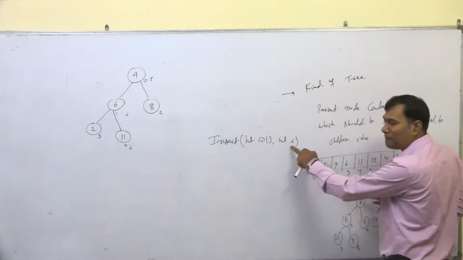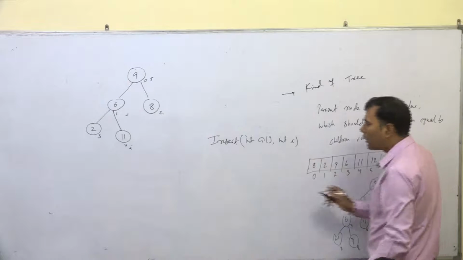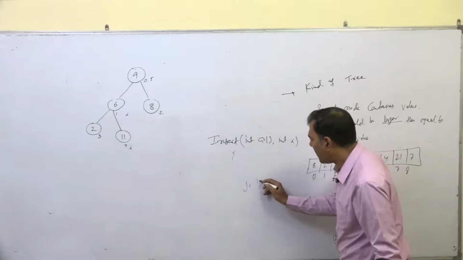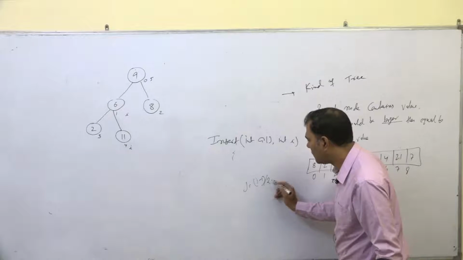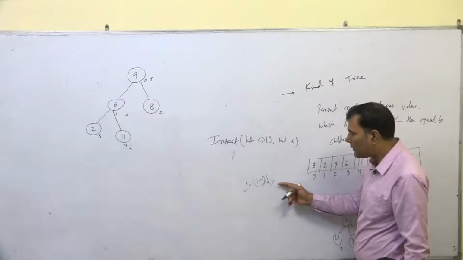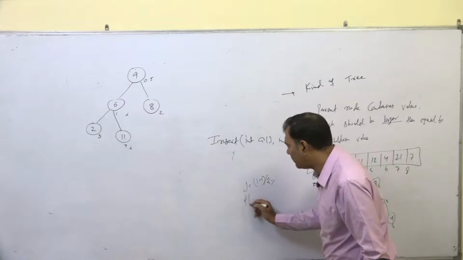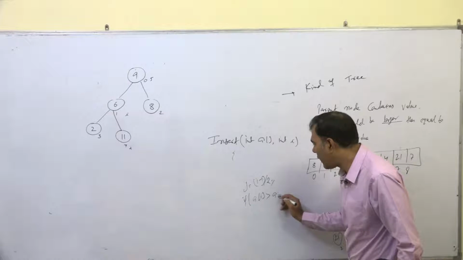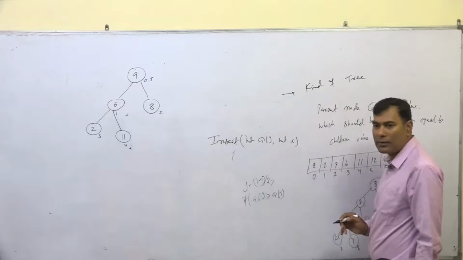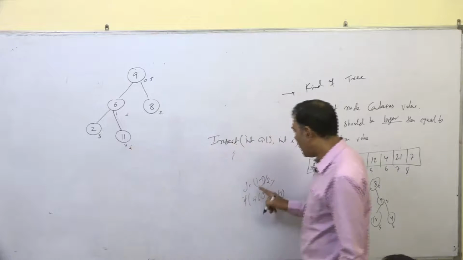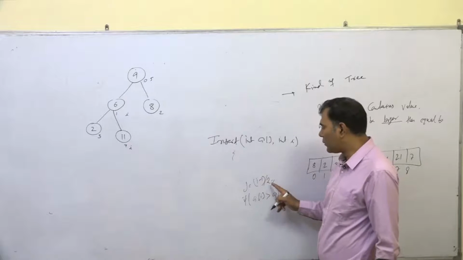If it is the ith index, what do we have to do? First, try to find the parent index. How can you find the parent index? So J equals (I minus 1) upon 2. So it is the index of the parent. And now try to compare. Is A of I larger than A of J? The parent is what? 4 minus 1, 3 upon 2 is 1.